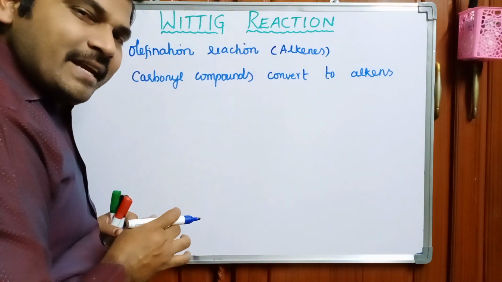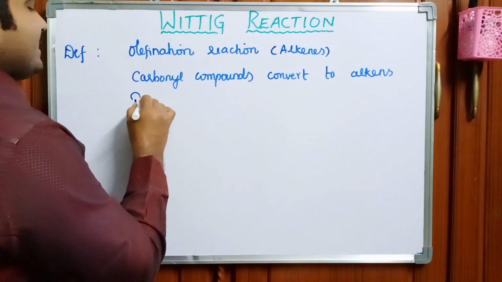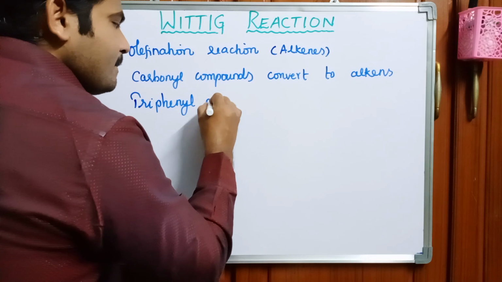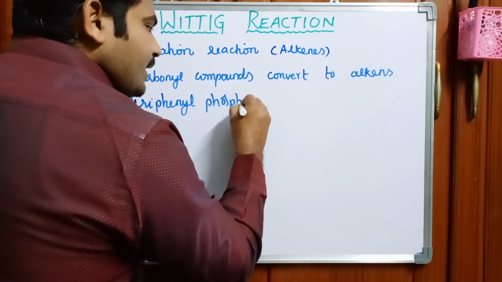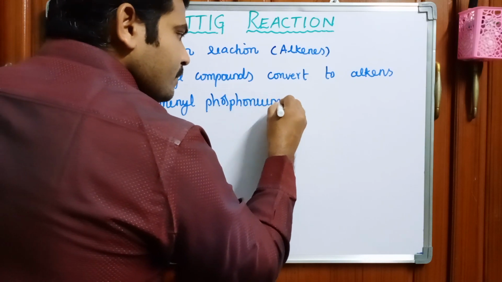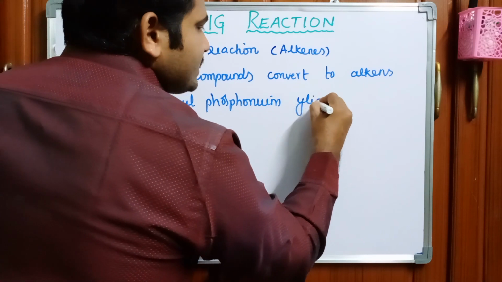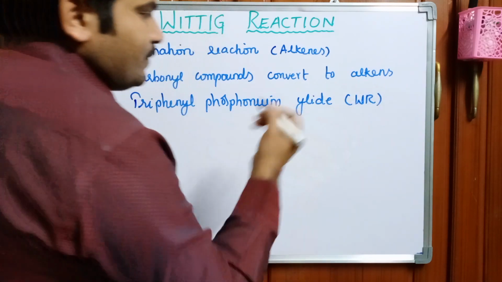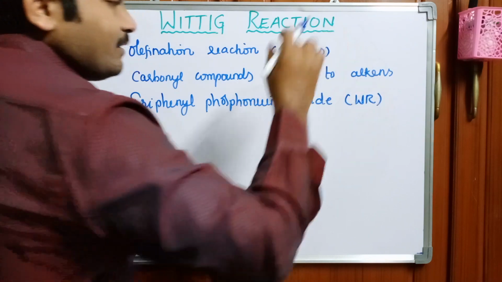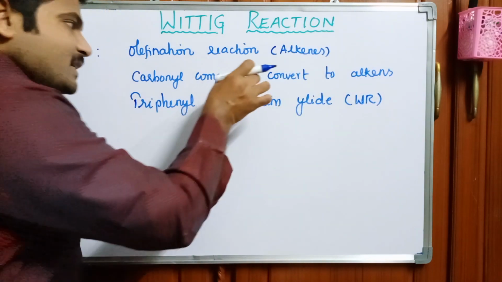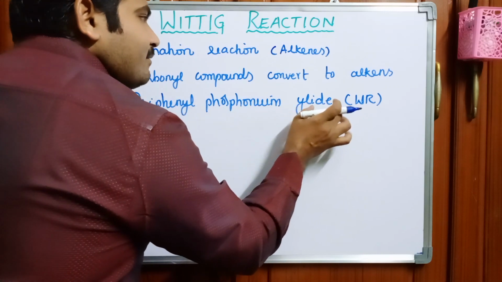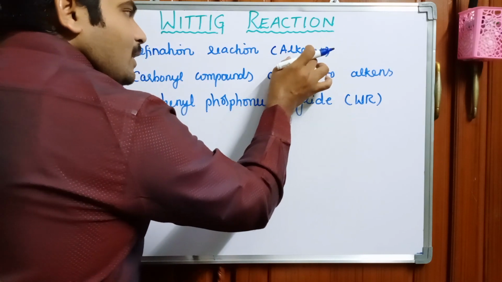What is a Wittig reagent? That is none other than triphenyl phosphonium ylide. Triphenyl phosphonium ylide is also called Wittig reagent. In this particular Wittig reaction, triphenyl phosphonium ylide is responsible for the formation of alkenes.